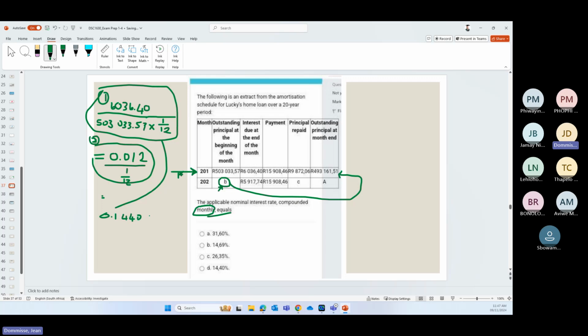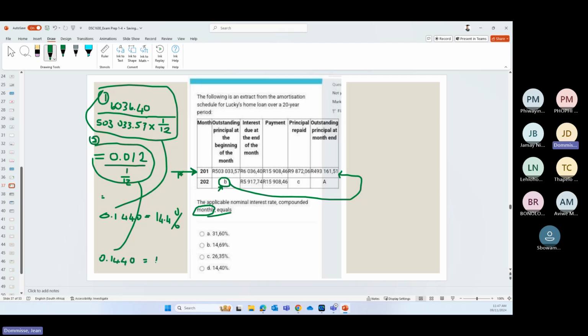And if I put it into a percentage, it will give me 14.4%. If I look at 0.012 and I divide it by 12, then I get exactly the same, 0.1440.